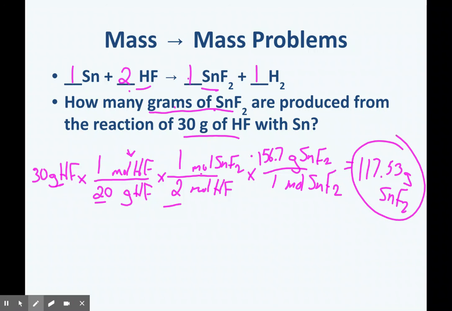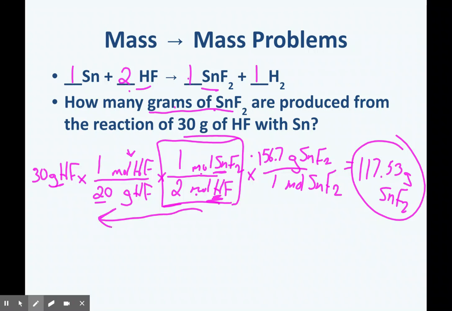Every one of these problems, whether it's the mole to mole, or just the 2-step or this 3-step, you're always going to have a step that's mole of one substance over a mole of another, where you're having your molar ratio. What you're starting with will be on the bottom, what you're going to will be on the top.